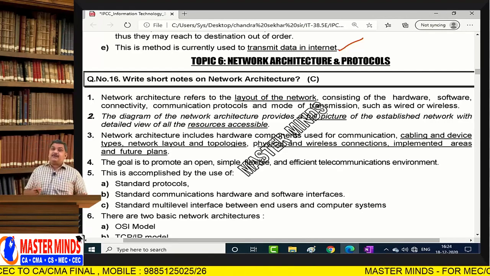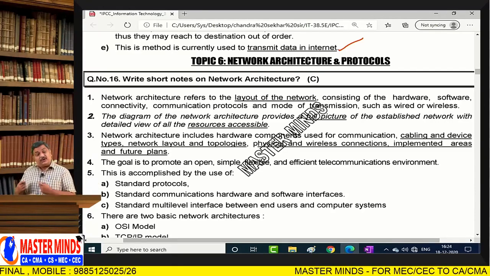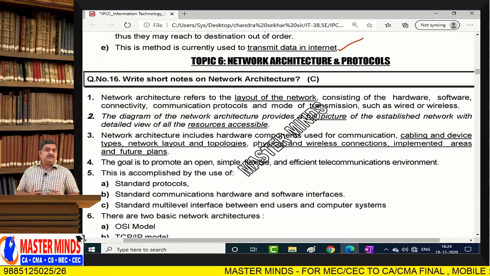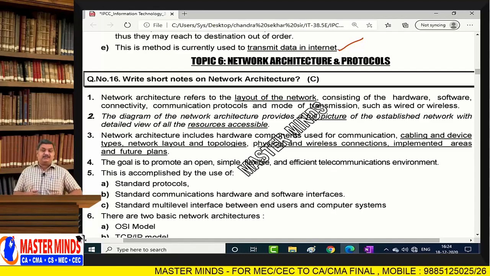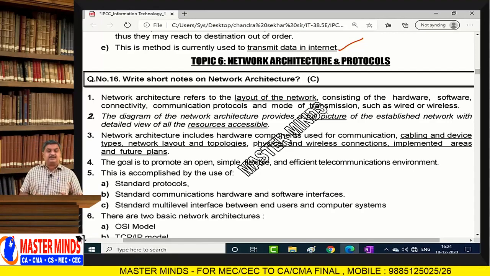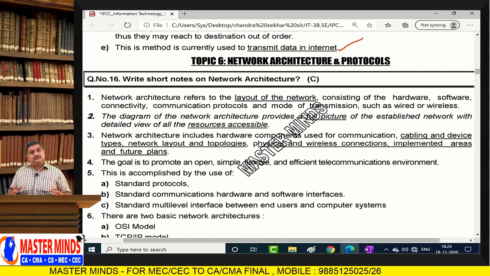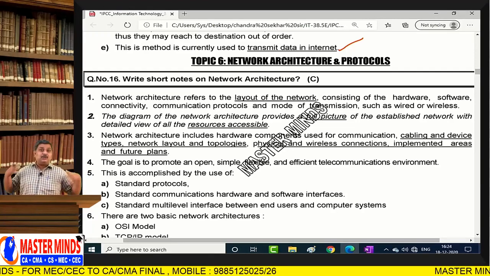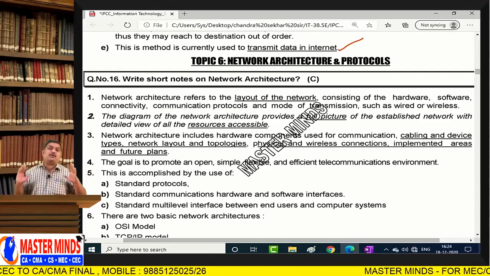Because sending data from one device to another device is not easy. Several things are involved, many things are involved. So we need to know about all those things. So all those things are called network architecture. Means the hardware, the software, the connecting mechanisms, the protocols, all these things are called network architecture. Because to transmit data from sender to receiver, we require all these things. And all these things have to be planned properly. They have to be architected properly.